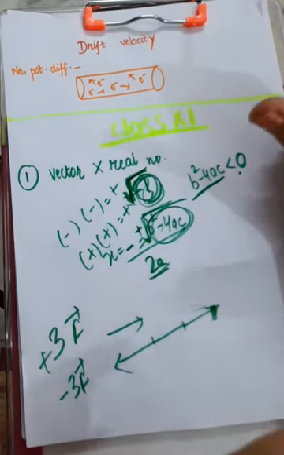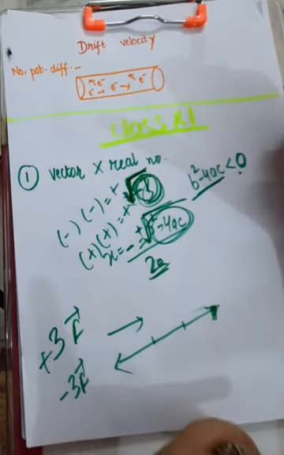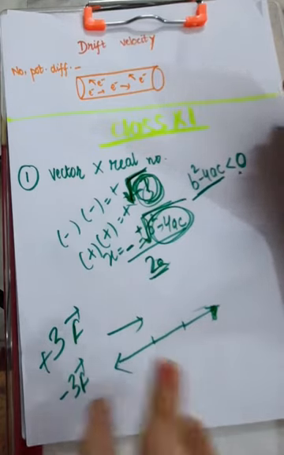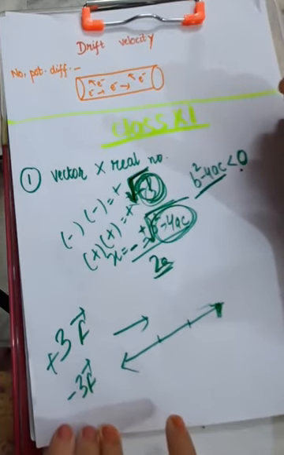When a vector is multiplied by a real number, its magnitude changes by the same amount as the real number is, but its direction goes as positive or negative. If it is multiplied with a positive real number, the direction remains the same. If it is multiplied with a negative real number, the direction changes.